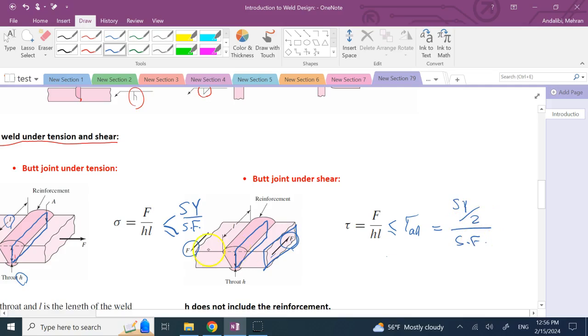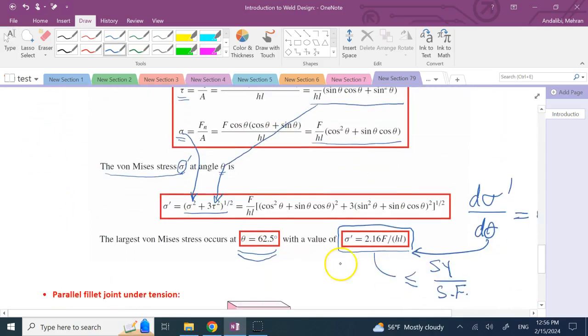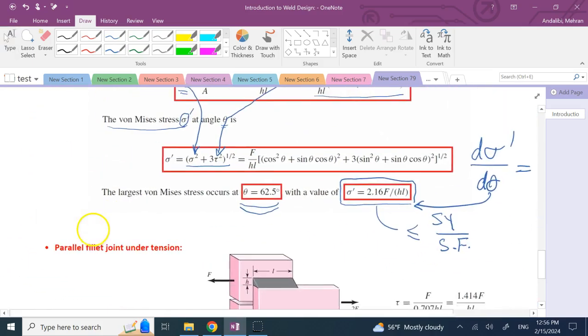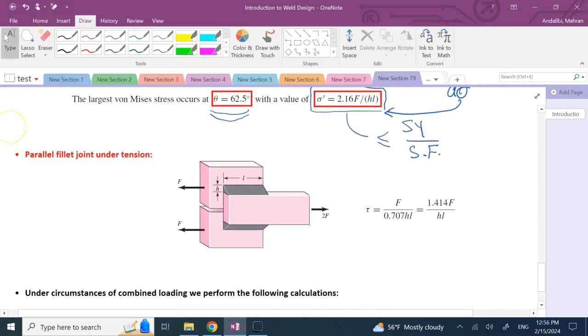Okay, so in these two scenarios it was easy, but in this case, as you can see, the computation is a little bit more involved. Another scenario that can happen, again, this is not an exhaustive list, is a parallel fillet joint under tension.